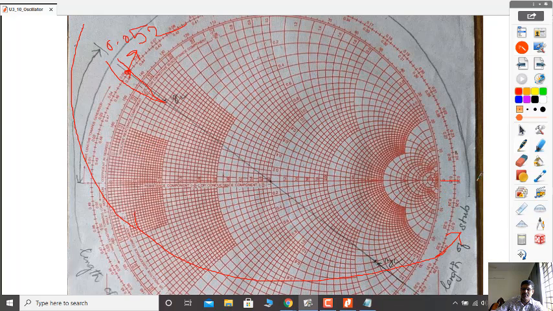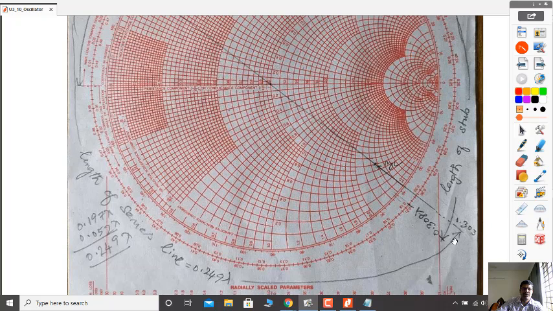Then from here, up to this will be 0.25. This point is 0.5, this point is 0 and this is 0.25. When we complete one full circle, we have traveled 0.5 lambda.